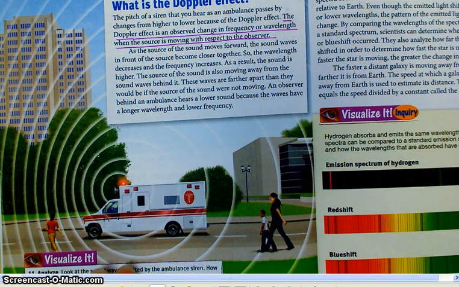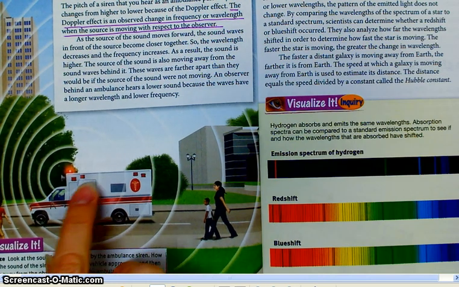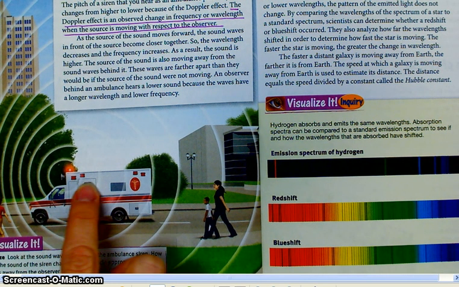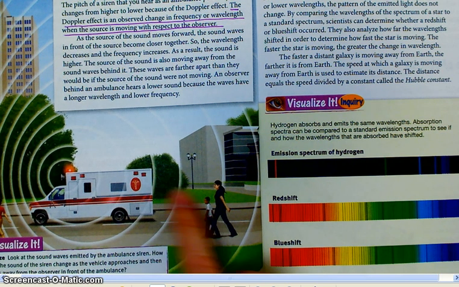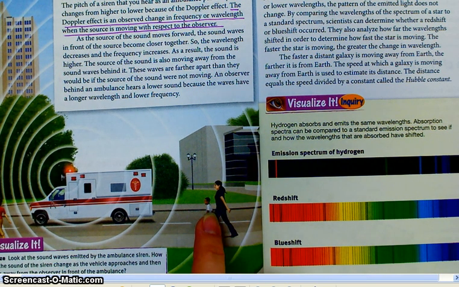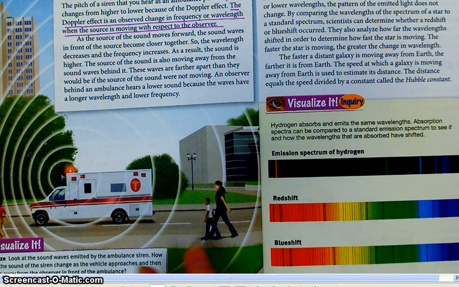Okay, and then as the ambulance passes, the object making the sound is moving away, and the sound waves that are coming back to your ear are having to move in the opposite direction, so they're more spread out. And so your ear interprets longer wavelengths as low pitch. That's why the pitch changes as the ambulance passes you.